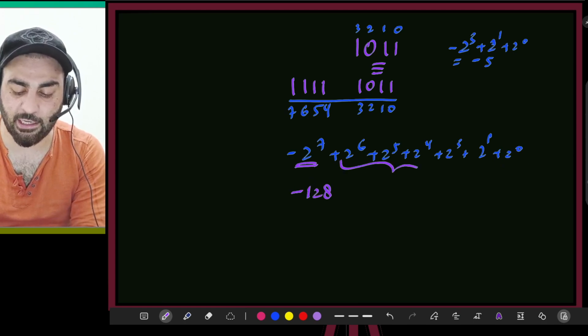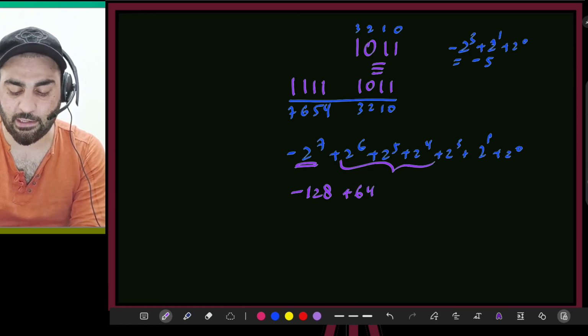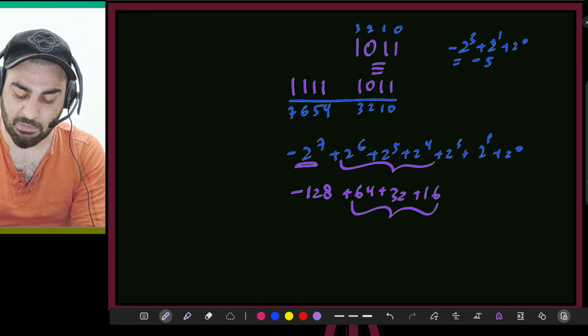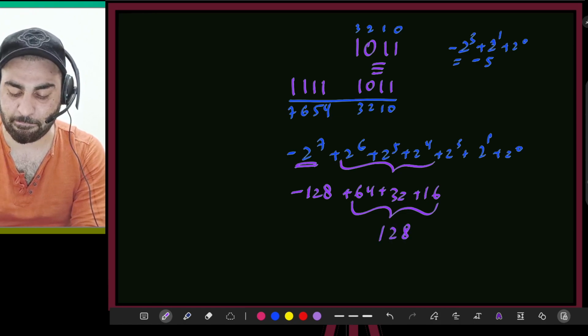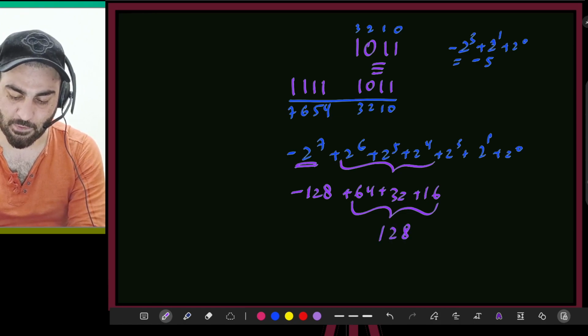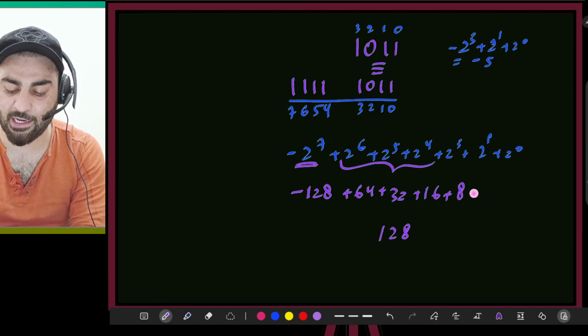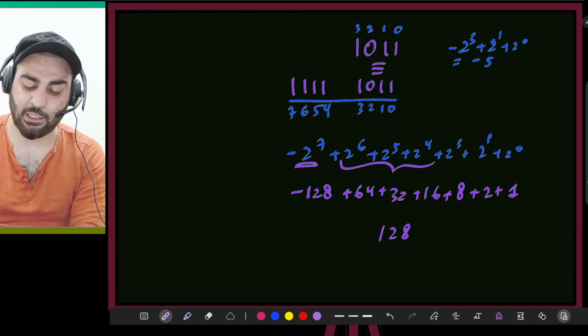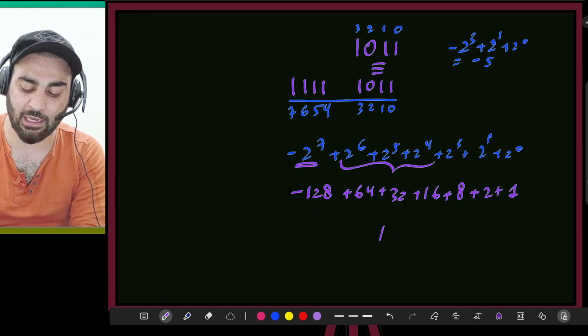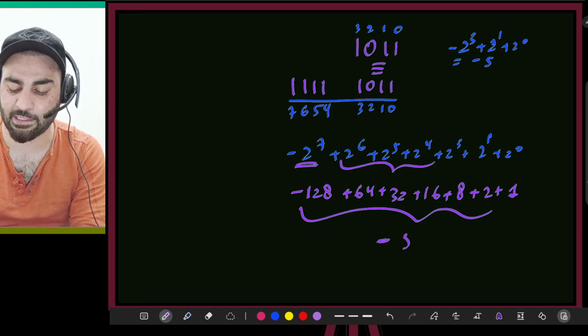Let's suppose this is 64, this is 32, this is 16, this is 8, this is plus 2 and this is plus 1. If you compute this number again, it should come to minus 5 basically.